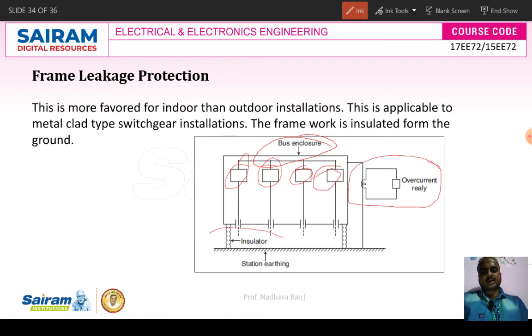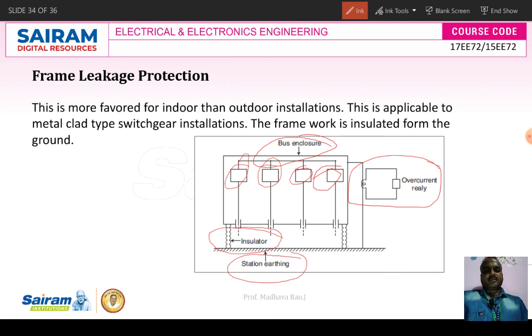Whenever a fault occurs, the insulator between these two connections, the bus enclosure and station earthing, will avoid the frame leakage current. The insulator avoids the frame leakage current through the bus enclosure to the earthing station.